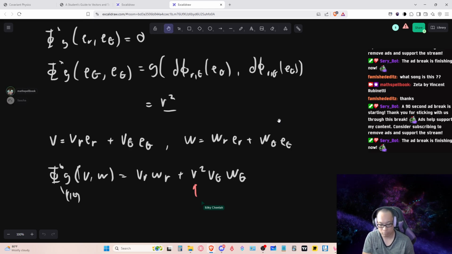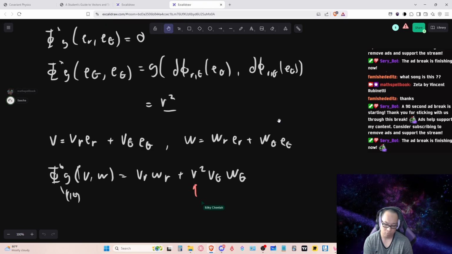So if you do some little movement along the theta direction, if you change a little bit the angle, you're gonna change the length by a lot. So that's why we get the r square term appearing here.